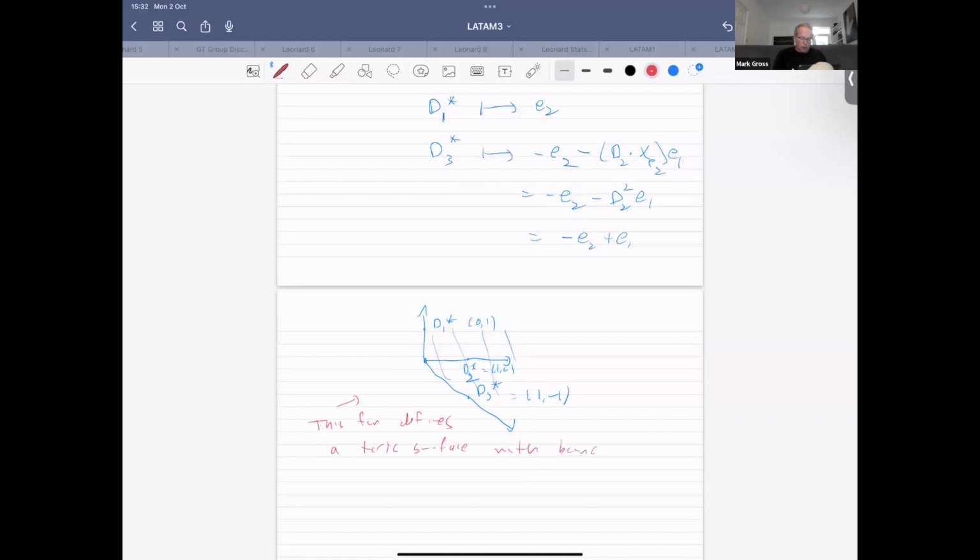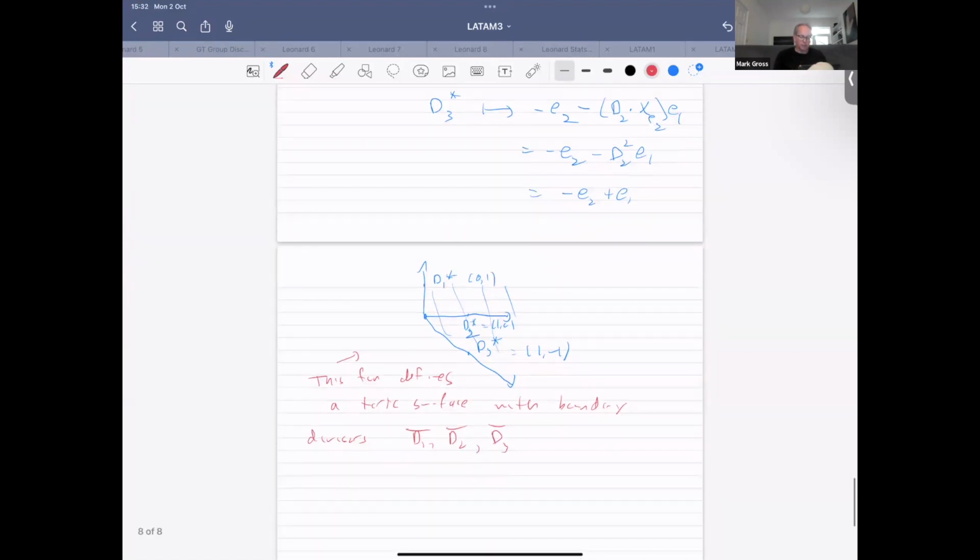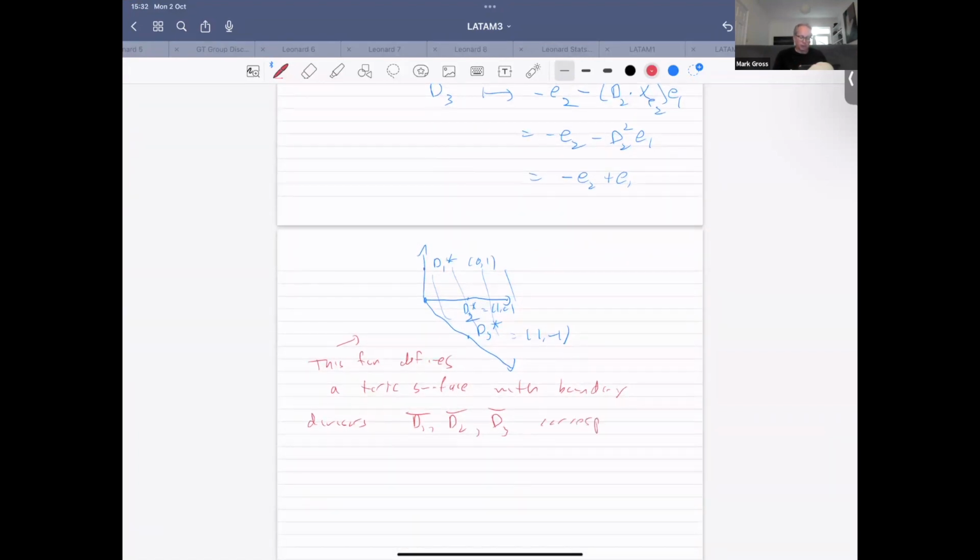with boundary divisors. So I'll write D1 bar, D2 bar, D3 bar, corresponding to these three rays. With D2 bar actually compact, isomorphic to P1, and D2 bar squared is equal to minus 1.